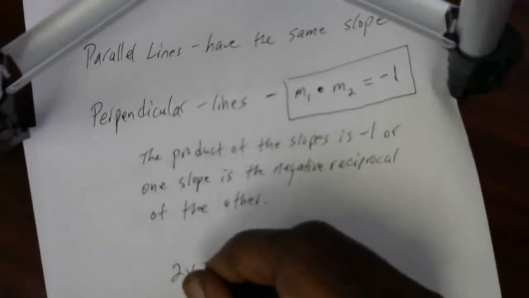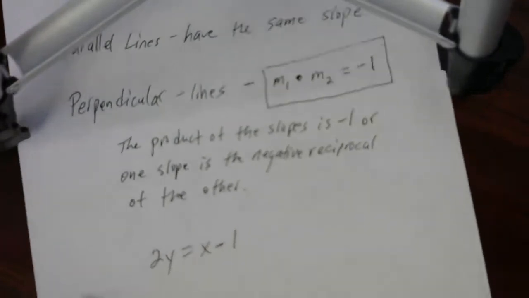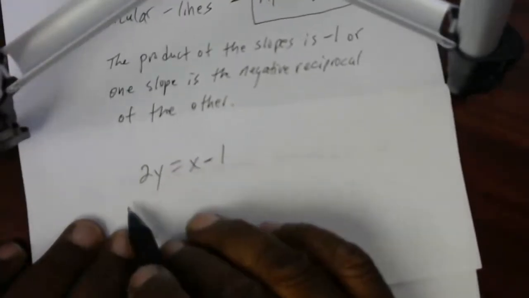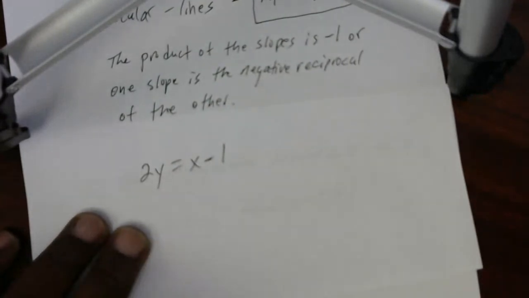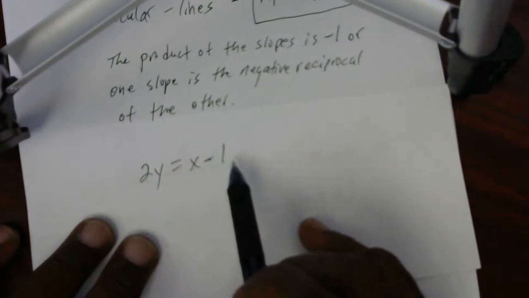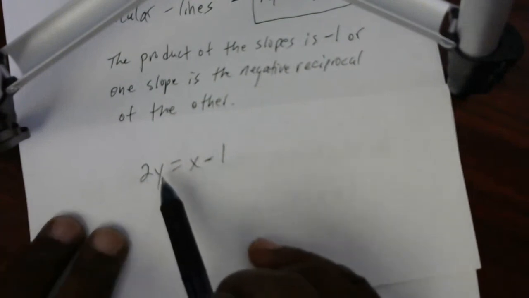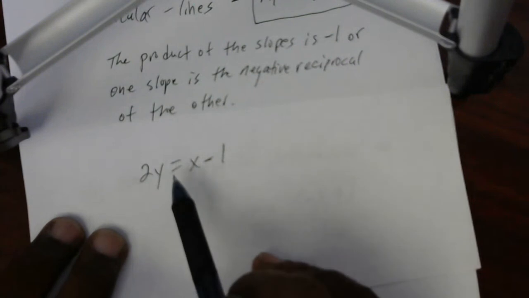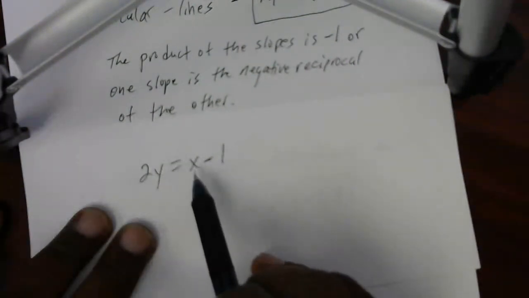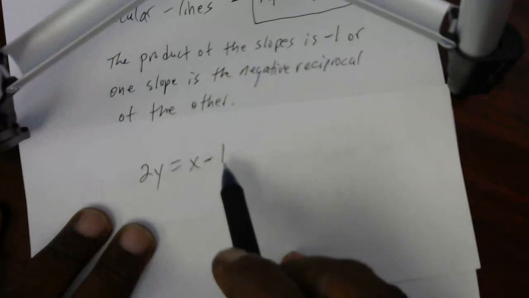So the first thing I'm going to do is determine the slope of this line, right? In order to do that, I must put it in slope-intercept form, which means solve it for y, not for 2y. So I am going to divide everything by 2.